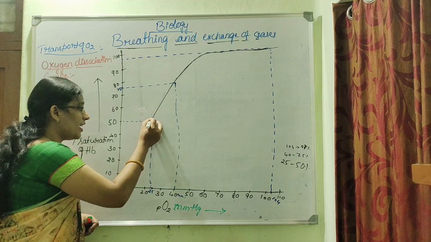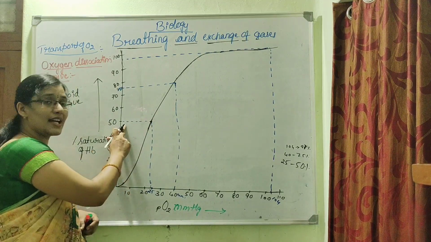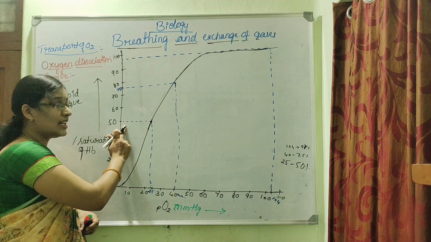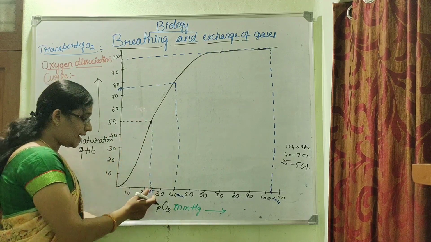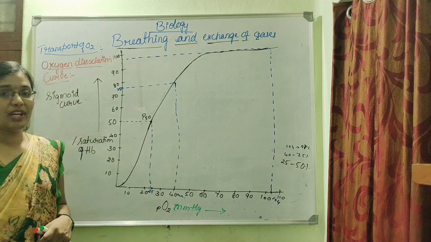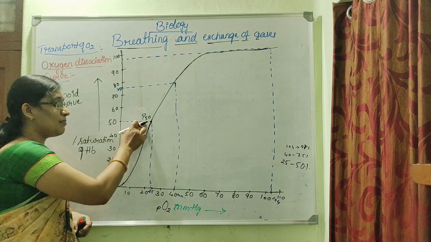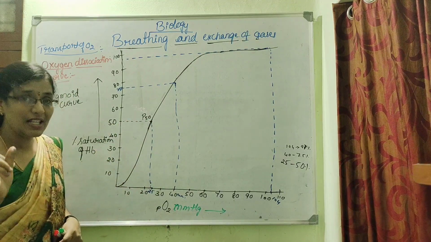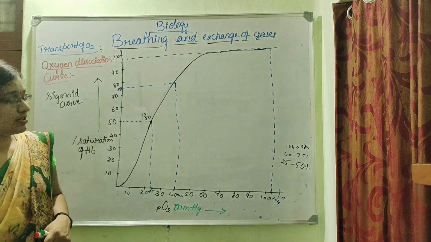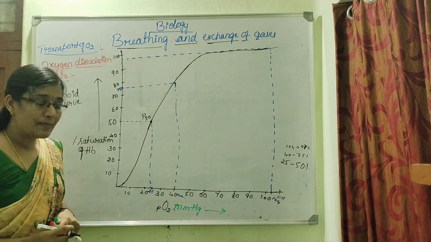And this point, at which the percentage saturation of hemoglobin is 50 at 25 mmHg, is called P50. So at 25 mmHg, 50% of hemoglobin has been saturated with oxygen, and this point is called P50.